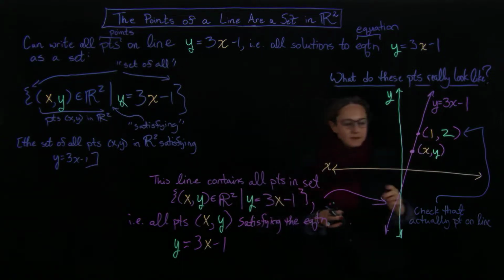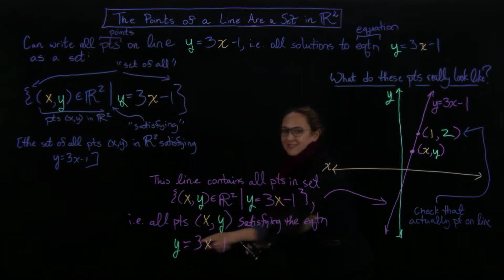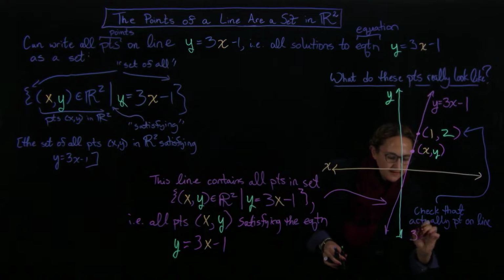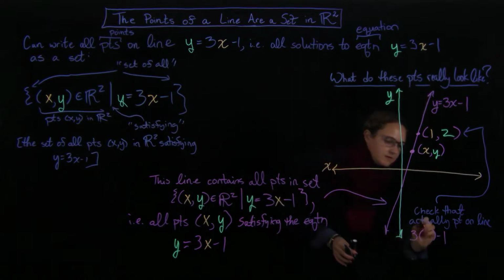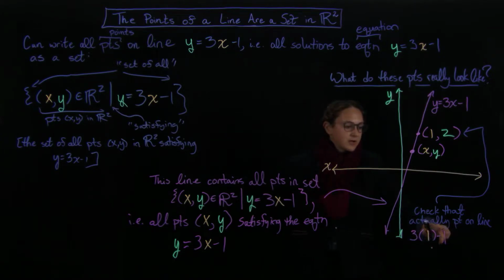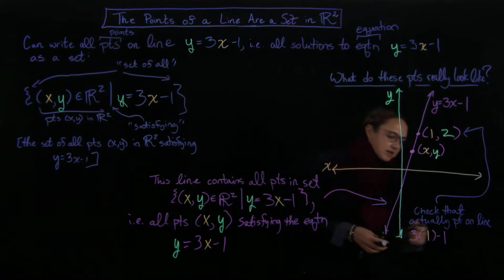I'm going to put 1 in on that side and make sure I get 2 out. Let's check: 3 times, using our parentheses trick, everywhere we see an x we put in 1. So we have 3 times 1, which is 3, minus 1, and what we get out is 2.